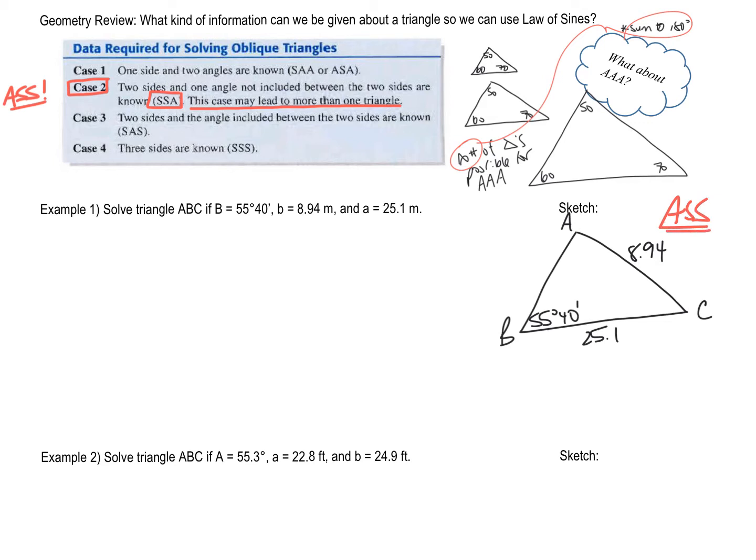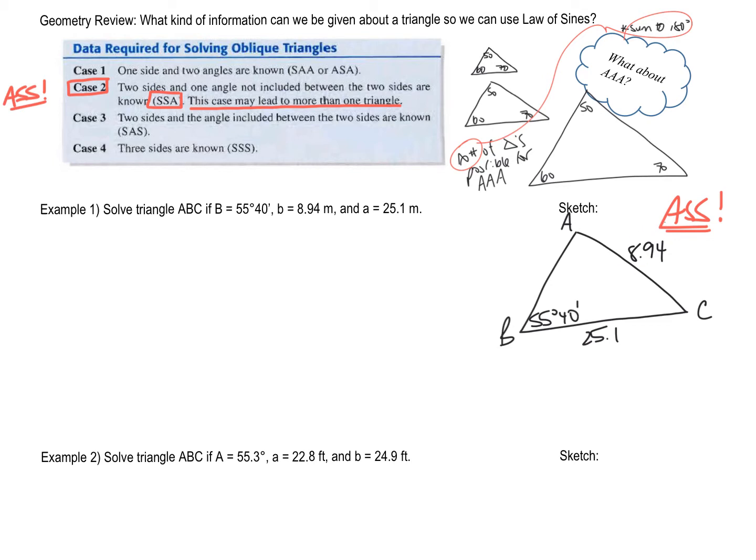It's an SSA case, so there might be more than one triangle, so you just need to be aware of that. Right now I'm going to set up law of sines. I have this angle and the opposite side, so I can use this as one of my proportion combos, and I have this side, so I'm going to try to solve for angle A. I'm going to set up law of sines using sine of A over this equals sine of B over this.